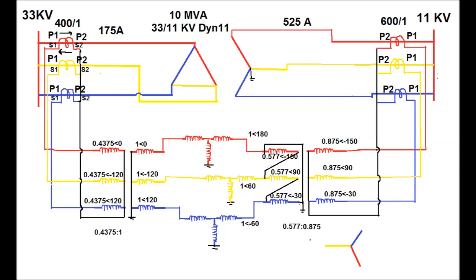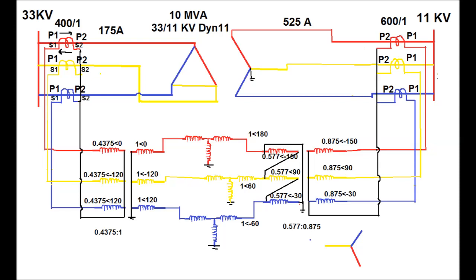And that is why in the secondary side, in the ICT's primary, the current magnitude and angle have been shown. That is, for red phase it is 0.4375 at an angle of 0 degree, for yellow phase it is 0.4375 at an angle of minus 120 degree, and for blue phase it is 0.4375 at an angle of 120 degree.